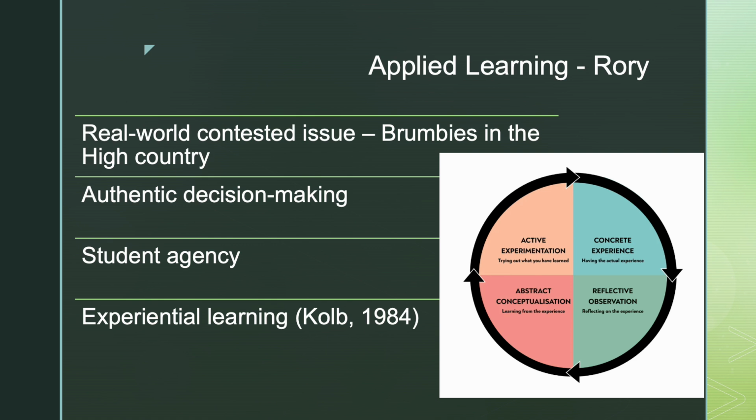And this is followed by the abstract conceptualization, where they begin to conceptualize the relevant stakeholders and their standings, which flows quite nicely into the stage of reflective observation, where they're actually required to develop their own opinions and their own perspectives. Now, finally, they'll eventually partake in an active experimentation. This will occur out in the field excursion, where they'll go into a location that has an active Brumby problem.